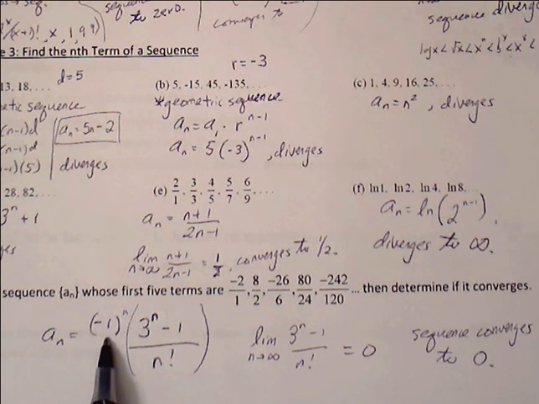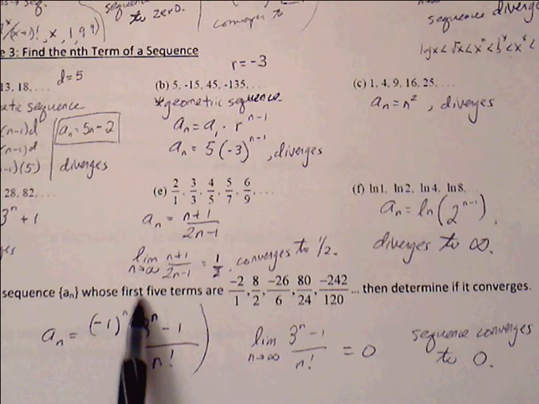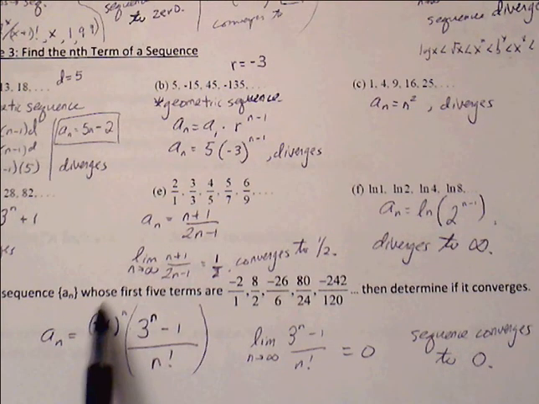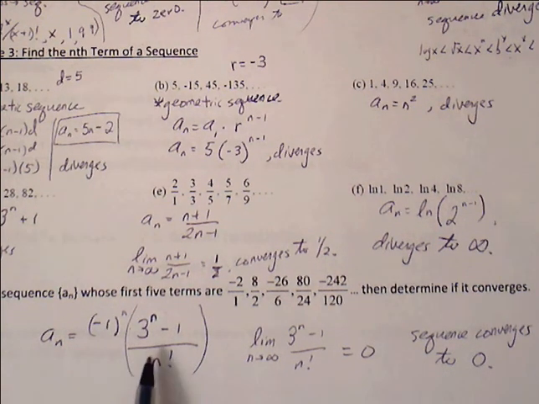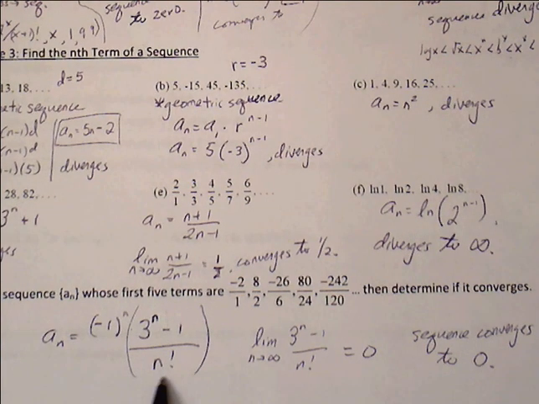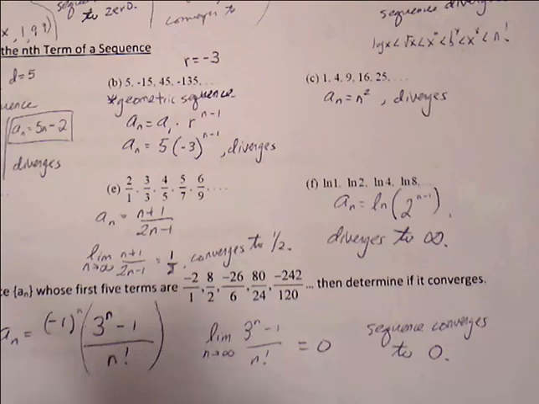With negative 1 to the nth here, showing that there is a change in signs, alternating signs for each term. And if we take the limit as n approaches infinity, we see that the n factorial is going to grow at a faster rate than the exponential function. So therefore, the limit is equal to 0. So our sequence will converge to 0.